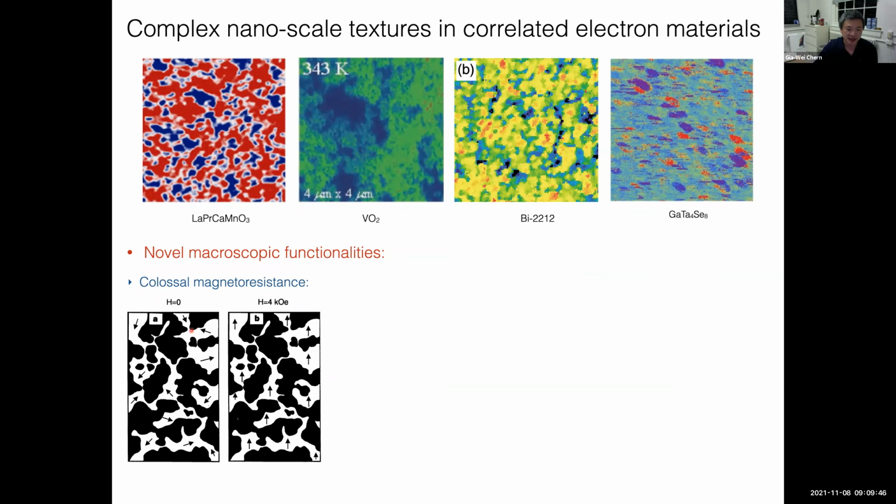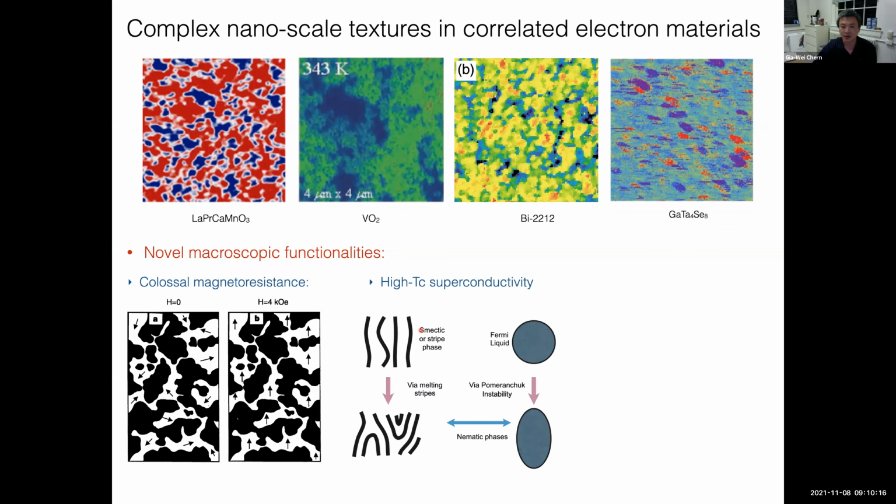That's mainly because even without the magnetic field, you already have many ferromagnetic domains embedded in this insulating matrix. The magnetization of these ferromagnetic domains, these are metallic clusters, point in random directions. Once you apply even a small magnetic field, you align all these magnetizations into the same direction, and this can significantly reduce the resistance.